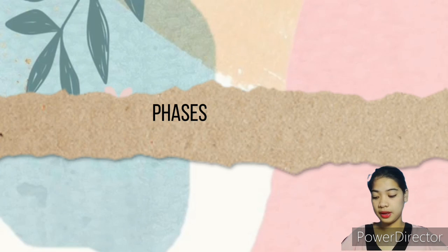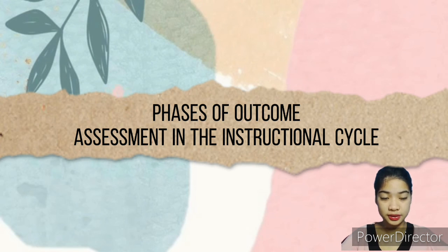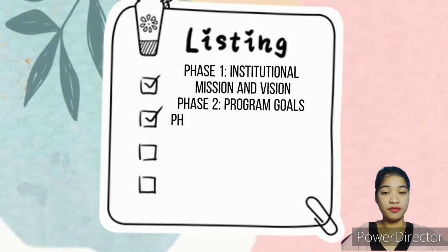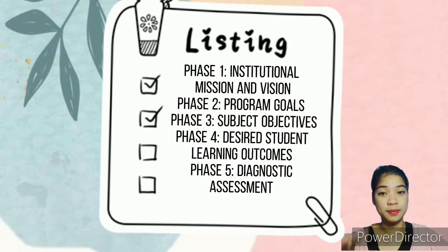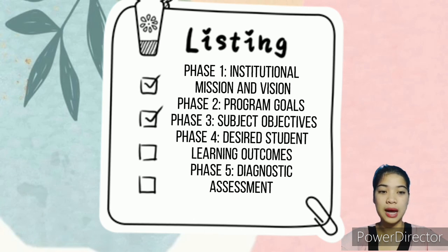Let me recap the outcome assessment phases in the instructional cycle. Phase 1, institutional mission and vision. Phase 2, program goals. Phase 3, subject objectives. Phase 4, desired student learning outcomes.